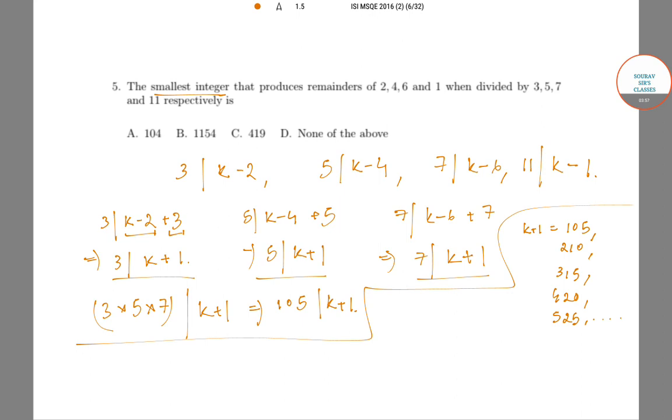The divisibility by 11. So what is k − 1?